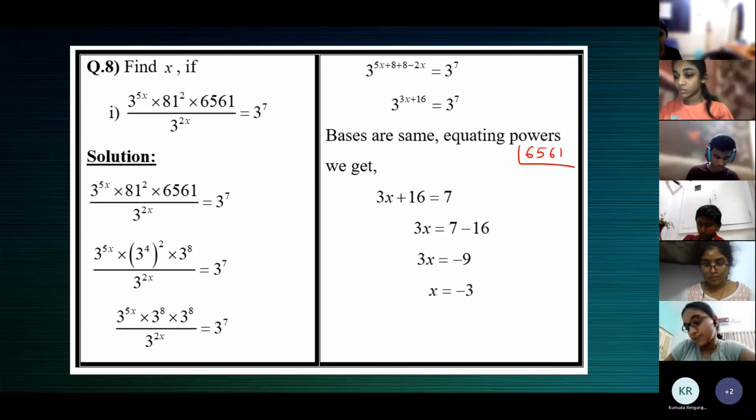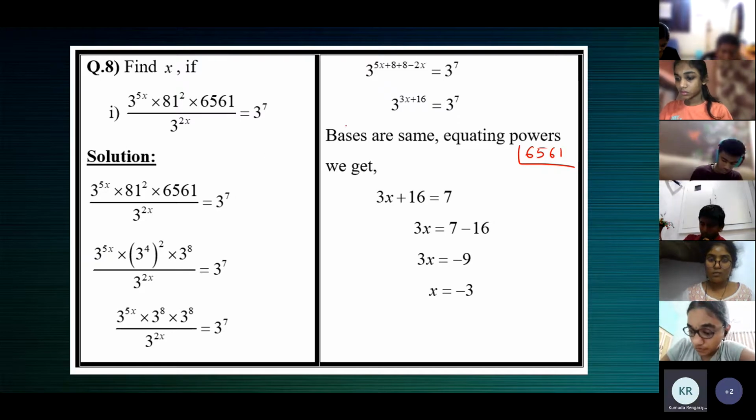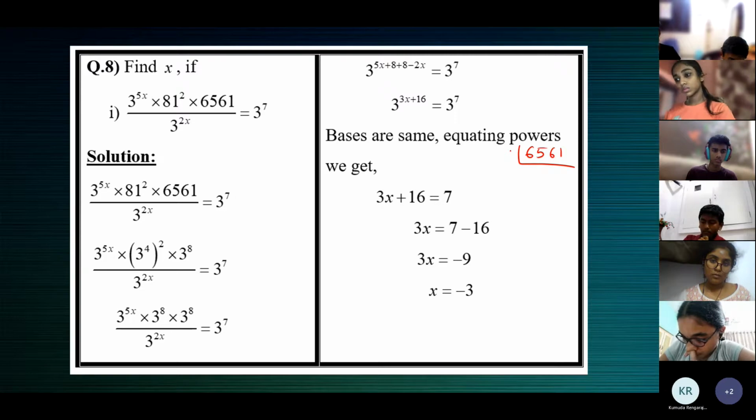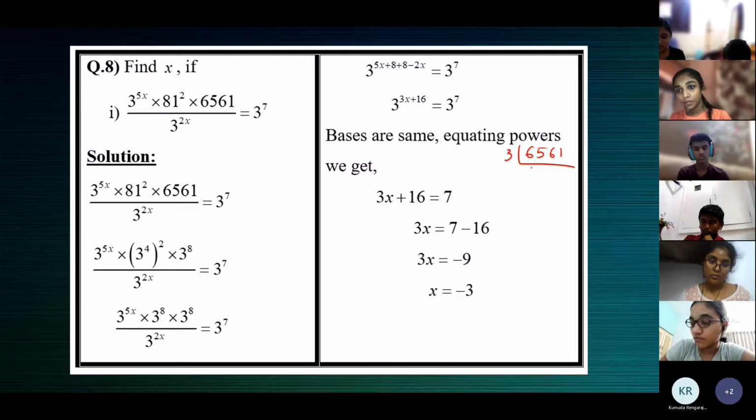Ma'am, completed ma'am. Sindhu ma'am. Asking to tell me what's the number here? 6,561 ma'am. What should I write here? 3. So I get here 2,187 ma'am.